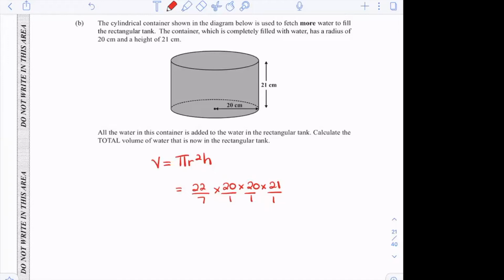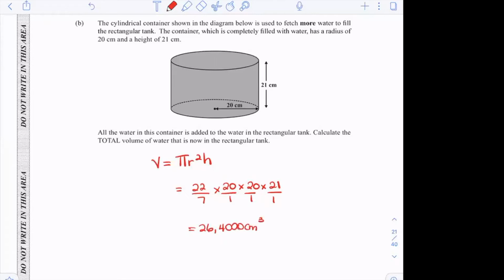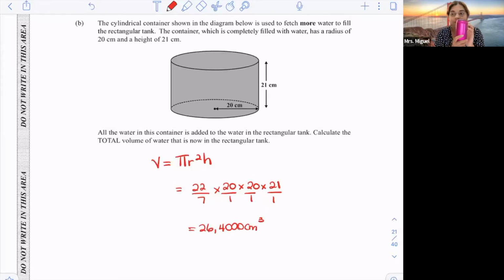Must I get 26,400 centimeter cube? Who can confirm that? Yes. All right, so that was the capacity of the container here. But remember, in my rectangular tank, I already have volume that was 30,000. So if I pour this, you now tell me that you expect the water level to increase.